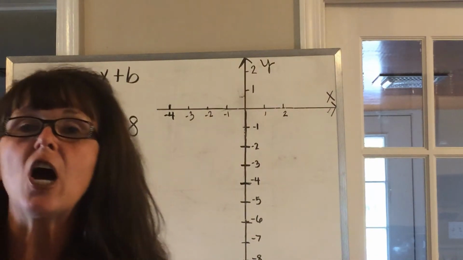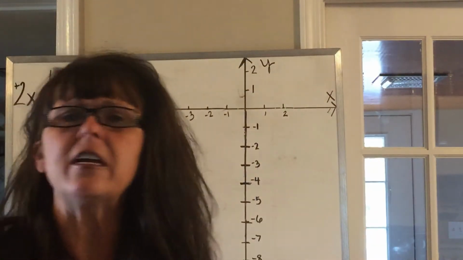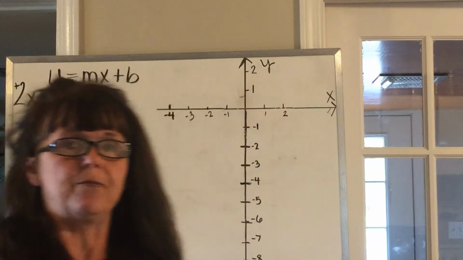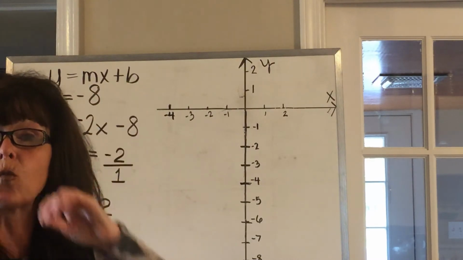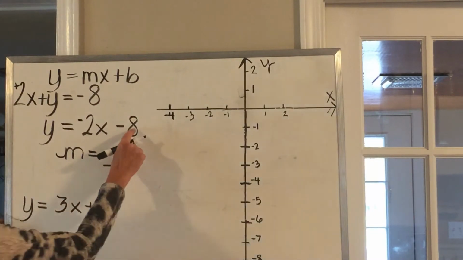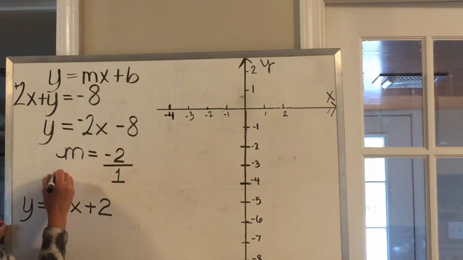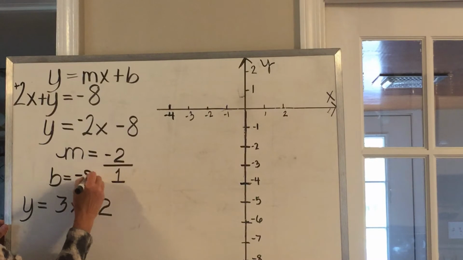Why? Because you're graphing. If we weren't graphing, we would not have made it a fraction. But we need to see our rise number and our run number. So that's why you need to see both of them. This other number is called your y-intercept. The abbreviation for that is b, and that is negative 8.